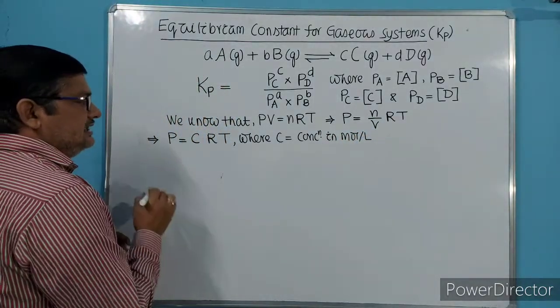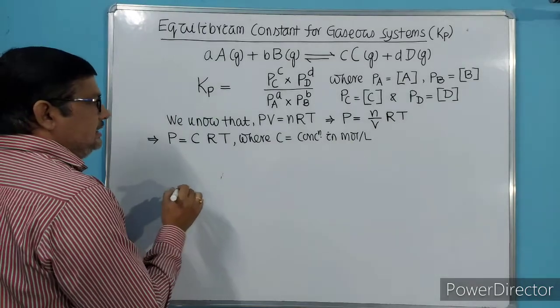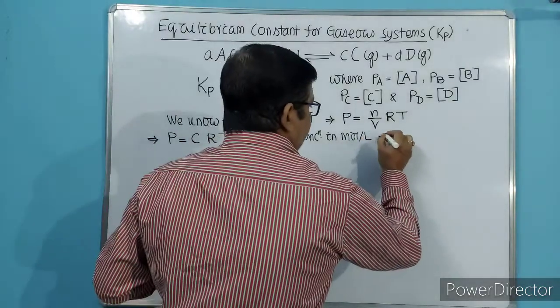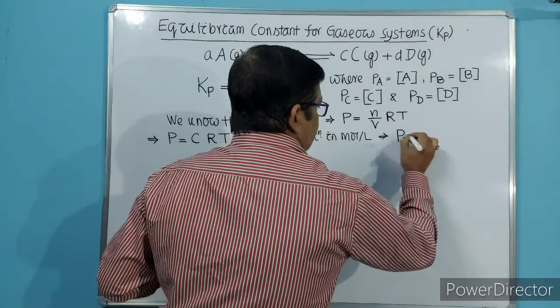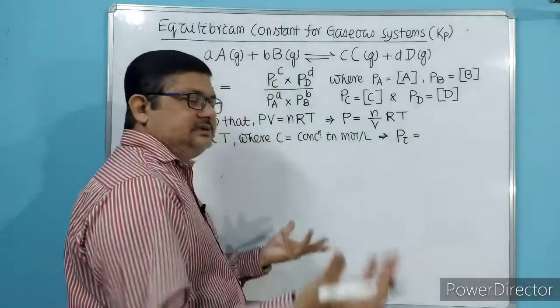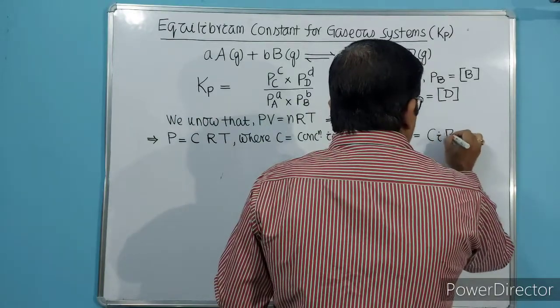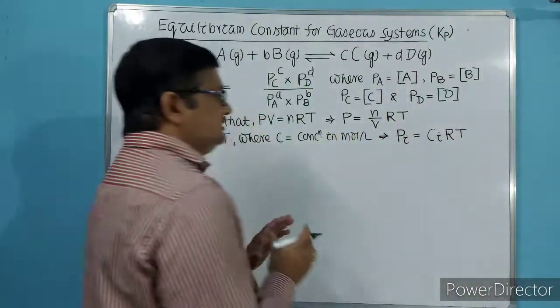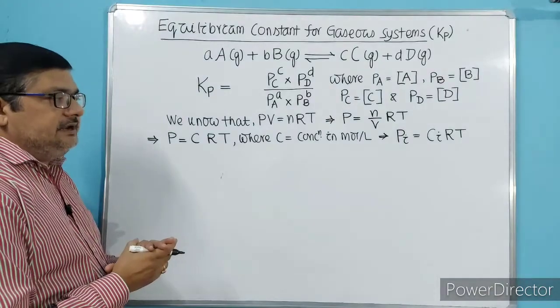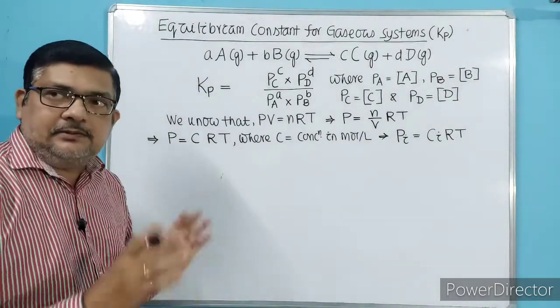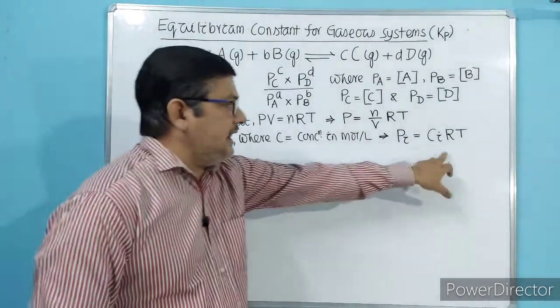Okay, so in general, what can we write? In general, we can write Pi is equal to Ci RT. I can have any value A, B, C, D here. So I can place any value A, B, C, D instead of i here.